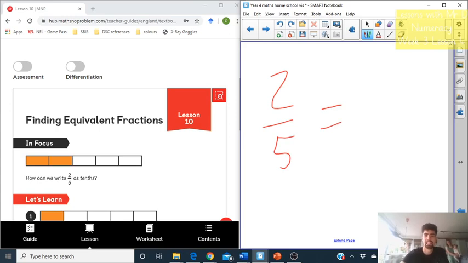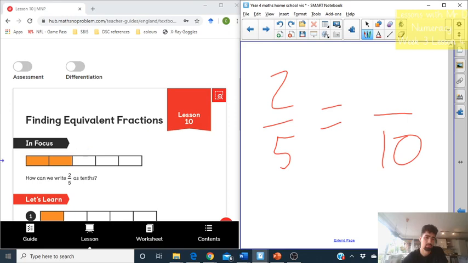Can 2/5 be the same as tenths? So there's my tenth. Is there a numerator, is there a part of tenths that would be the same as fifths?